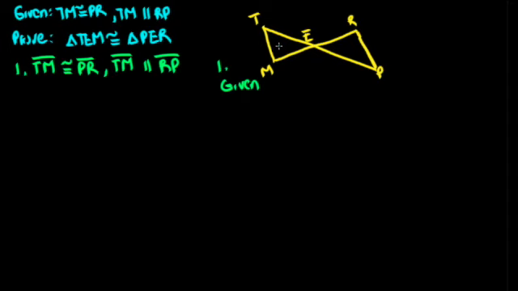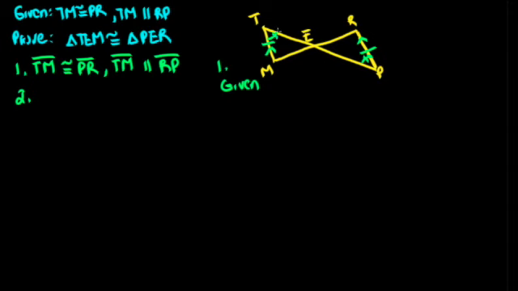So in our triangle, we know that TM is congruent to PR, and we also know that TM is parallel with RP. Since we know that TM is parallel with RP, we can say that angle MTE, which is right here, and angle RPE, which is right over here, are congruent.